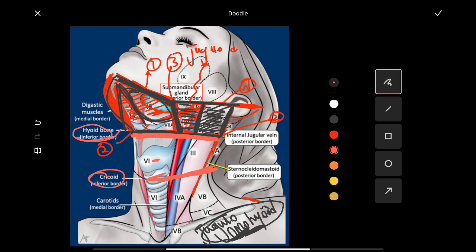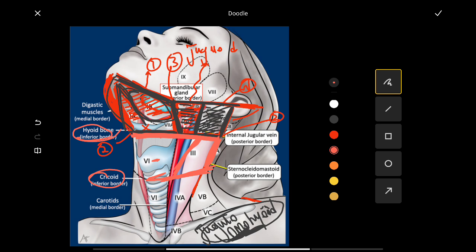Posterior border is simply the posterior border of sternocleidomastoid muscle, which is here, and anterior border is the anterior border of sternocleidomastoid. So you can see, very simple.